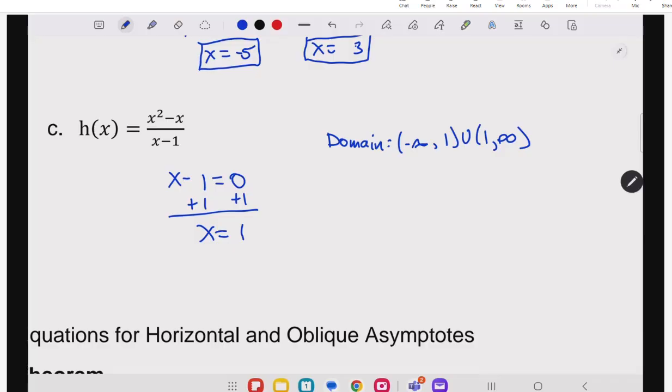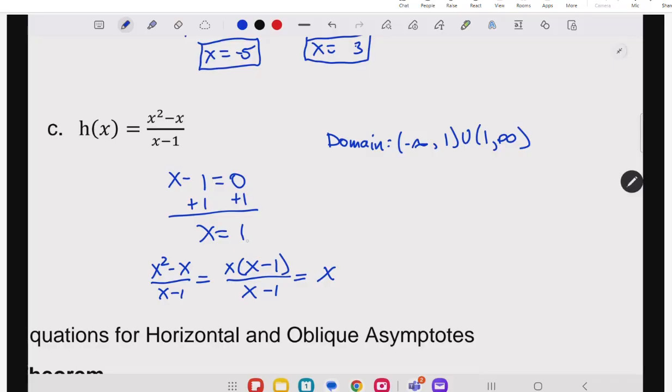And now I see in my function that I can reduce this. I can factor out an x. And the x minus 1s will cancel, so my reduced function would be h of x equals x.